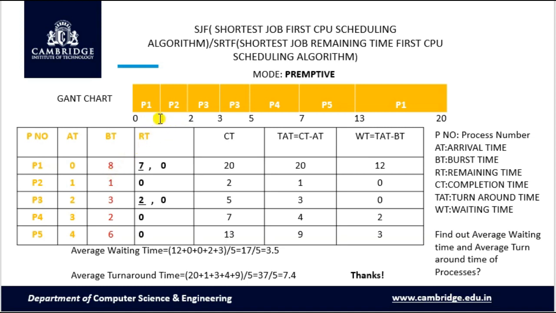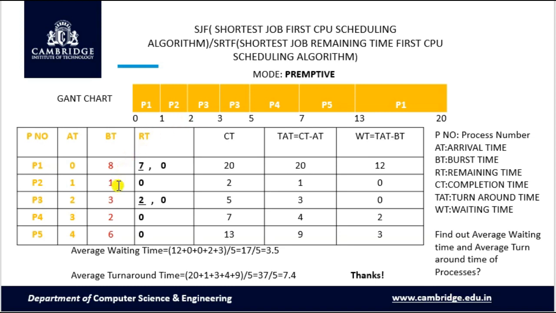A Gantt chart is basically a horizontal chart. It represents how the processes are scheduled as far as the processor is concerned. The arrival time of P2 is 1 and its burst time, that is CPU time, is 1, so it is going to be executed.